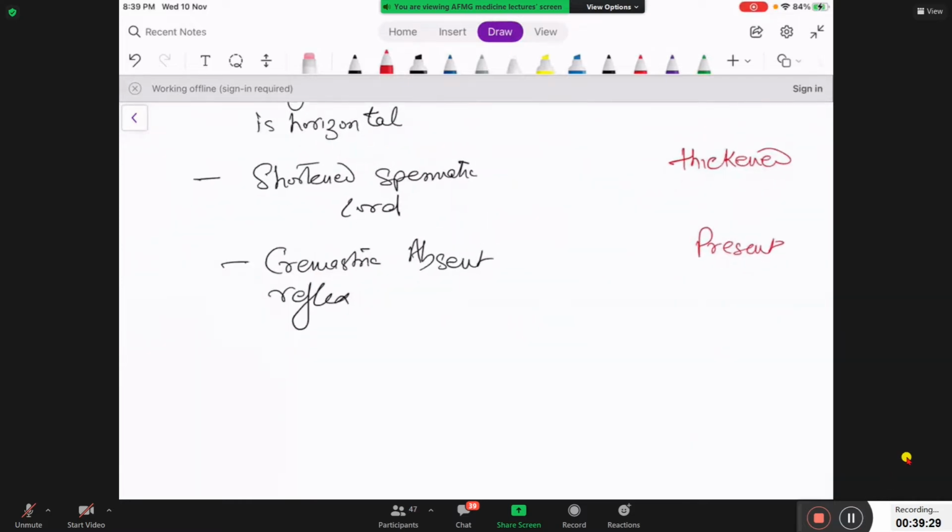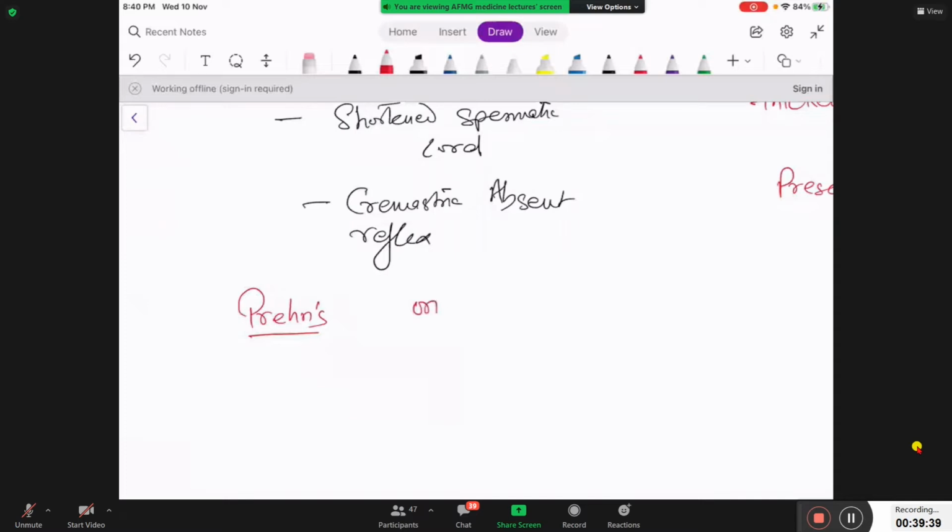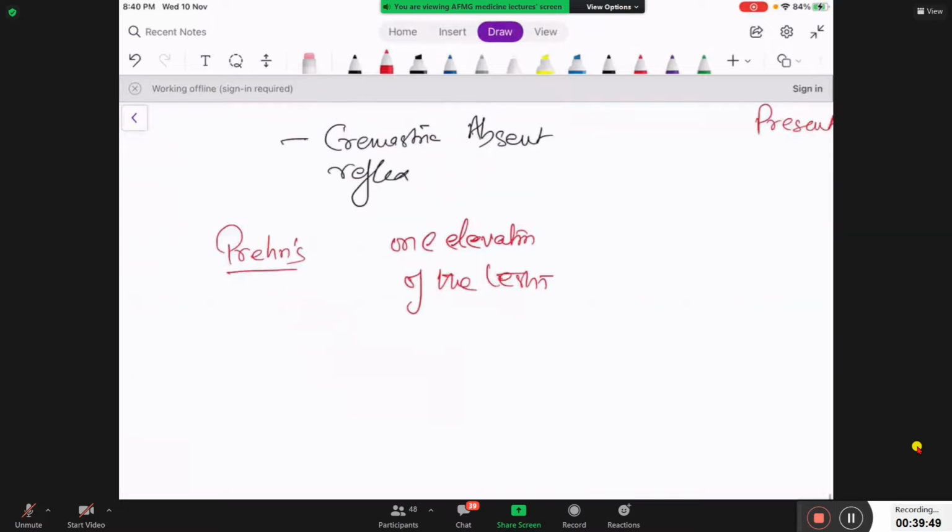It's a very important test to differentiate epididymo-orchitis from testicular torsion. This is called Prehn's sign. On elevation of the testis, in case of testicular torsion, the pain gets aggravated.